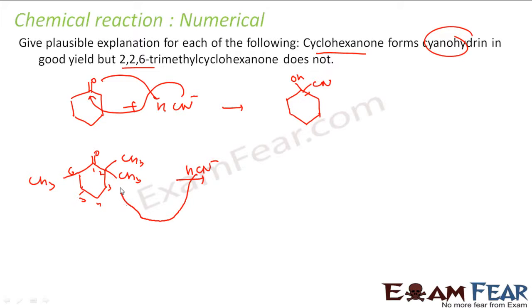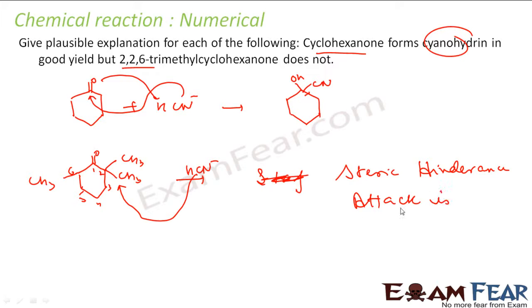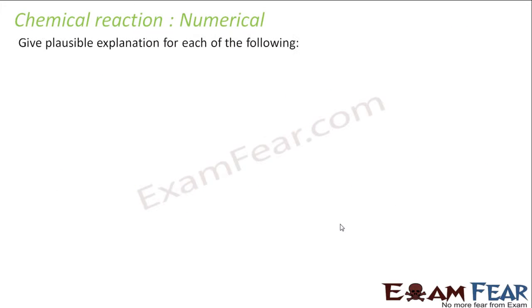Because if you see, the attack is difficult, because of steric hindrance. Correct? So this is why the CN minus is not able to attack and cyanohydrin is not formed.